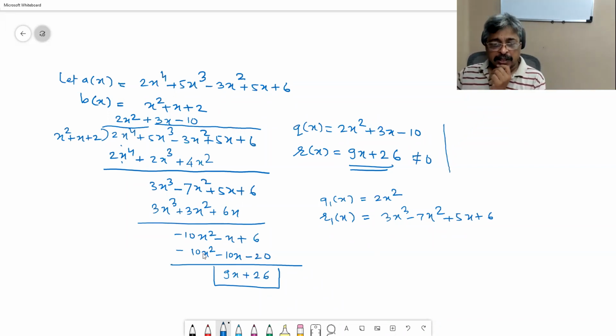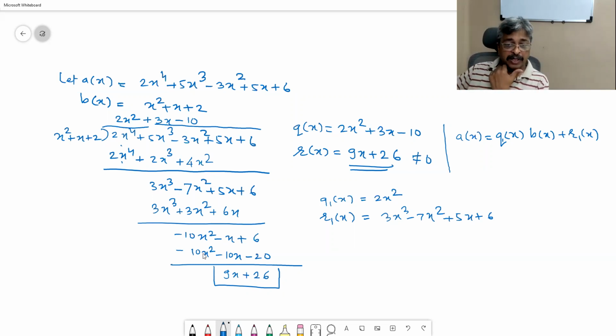Because if I multiply, is this going to be true? a of x is equal to q1 of x multiplied by b of x plus r1 of x. Is this going to be true? If I write q1 of x as 2x square and r1 of x as this, yes, this statement is going to be true, right?